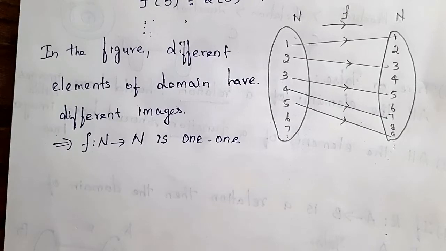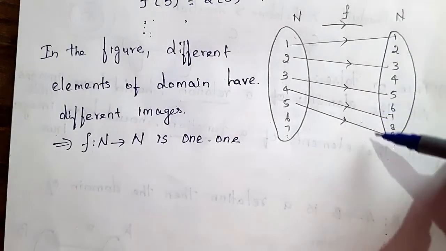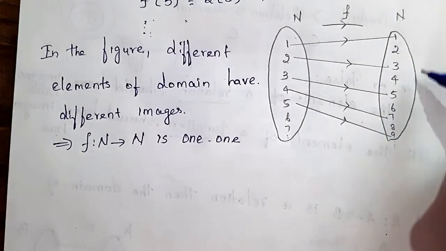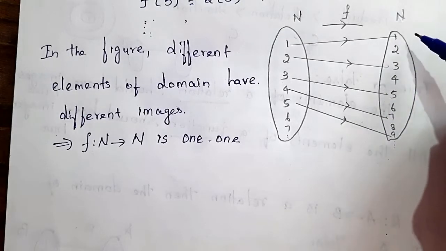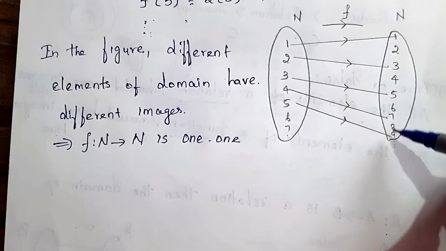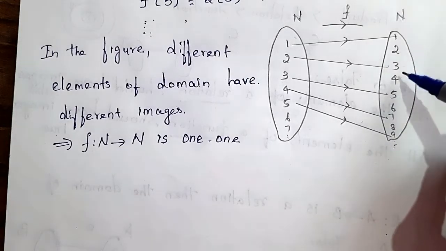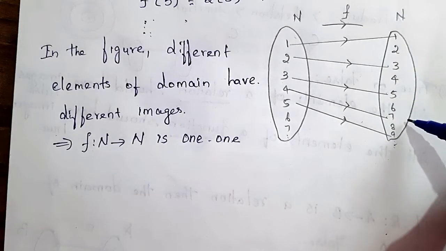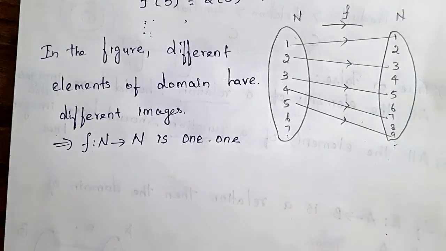If it is an onto function, the range must be equal to the codomain. You know this is the codomain. Range means the connected numbers. So here 1 is connected, 3 is connected, 5 is connected, 7 is connected, 9 is connected. But some are missing. Look. So definitely the range is not equal to the codomain.